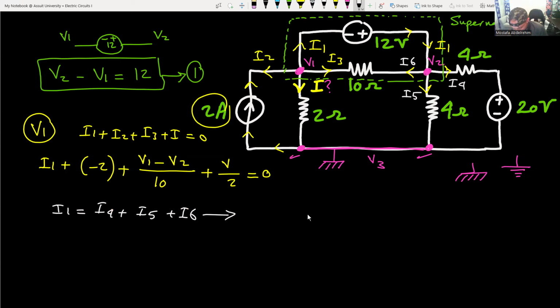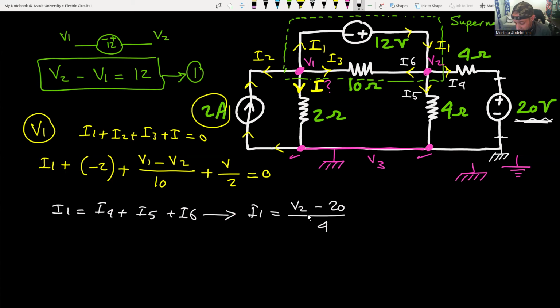So what is I4? I4 is V2 minus 20 over 4. Remember, this is a ground here, correct? So the battery does what it does: it raises the voltage of its positive terminal above its negative by the battery voltage.